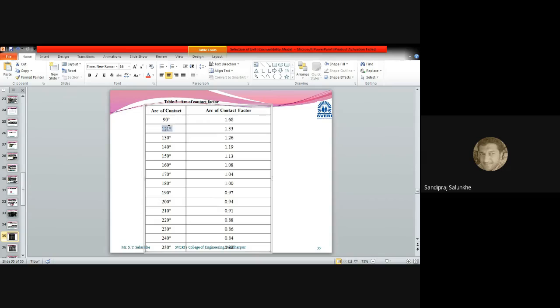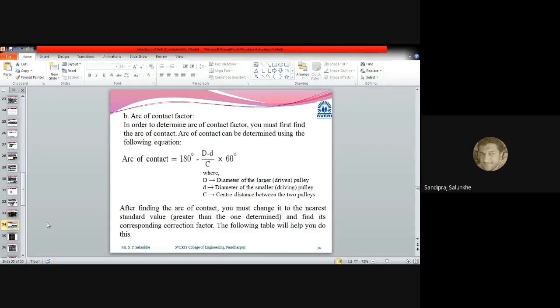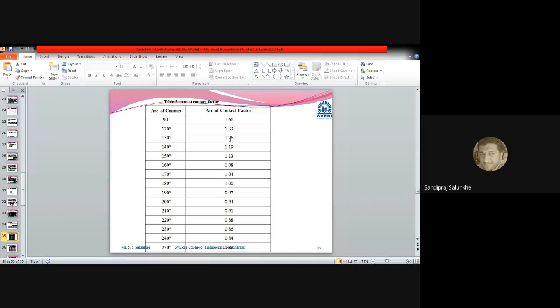That is, instead of 110 degree, we are going to consider 120 degree, and for that we are going to select the factor, that is 1.33. Likewise, you have to calculate the arc of contact from this formula, and by means of this table we have to select that factor. No doubt, once again I am going to tell you that this table will be provided to you at the time of problem solving in the examination also.